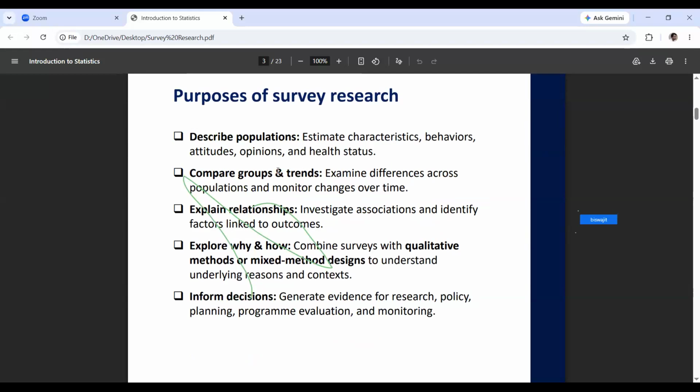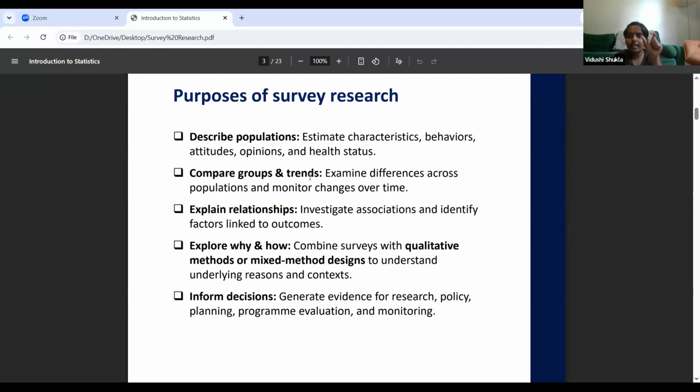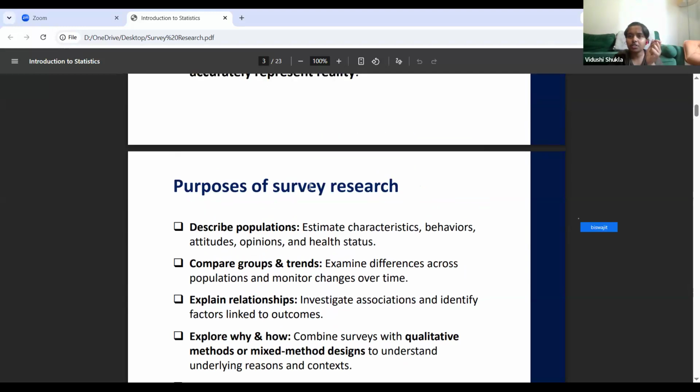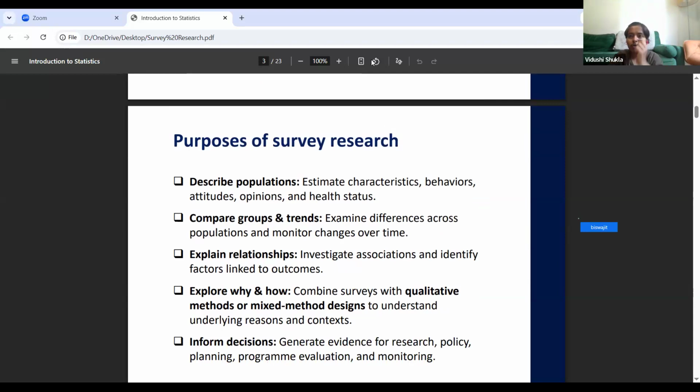Yes, okay. Sorry, sir. If you can disable annotations on your presentation, then that can be removed, so that will not allow anybody to annotate on your PPT.